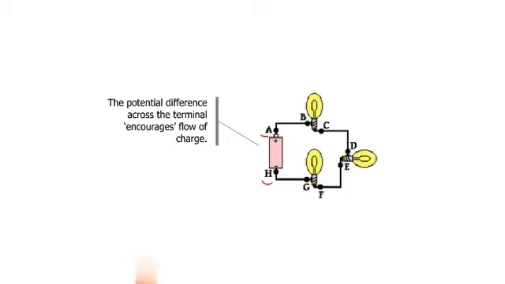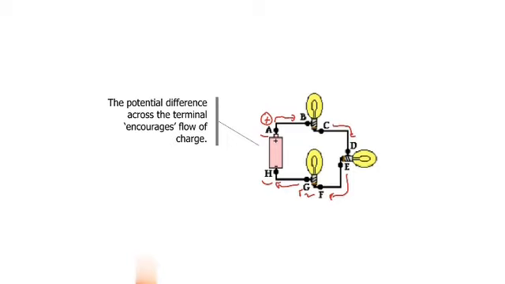negative terminal. Because of this potential difference, because of this voltage difference, the positive charges will naturally move from the high potential to the low potential, meaning it will move from point A to point H. It will move throughout the external circuit where the electrical loads, such as the light bulbs here, are located as well.